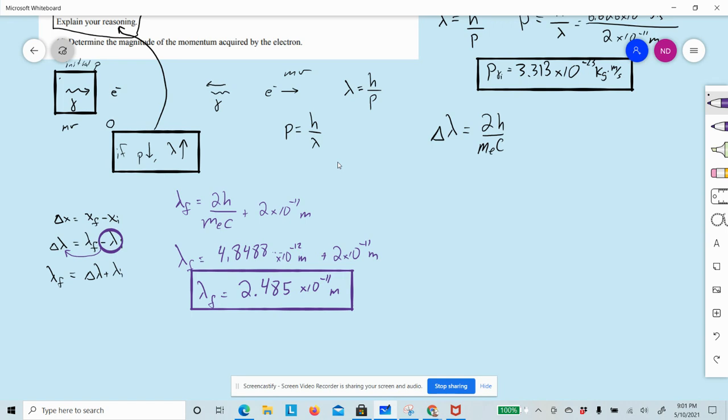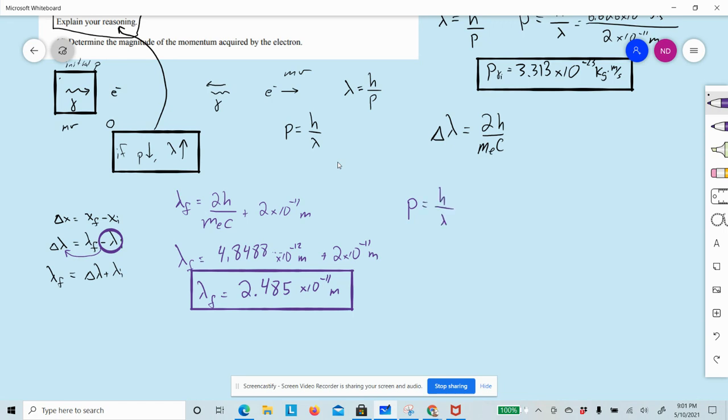Oh, so this is the new wavelength of the photon. We know the momentum at the beginning of this thing, so let's find the momentum of this. The momentum equals h over lambda.